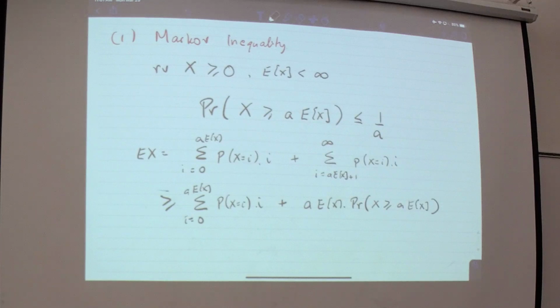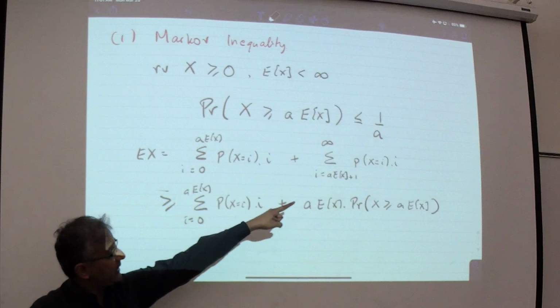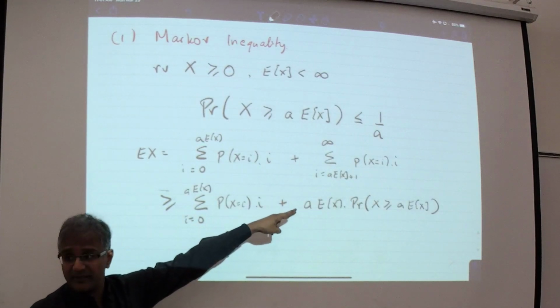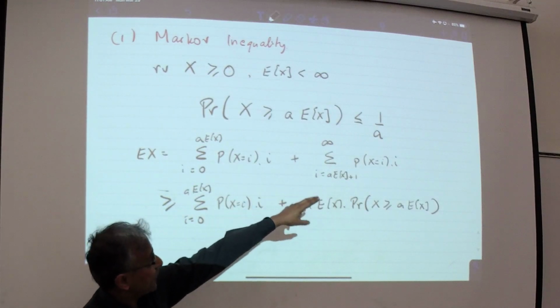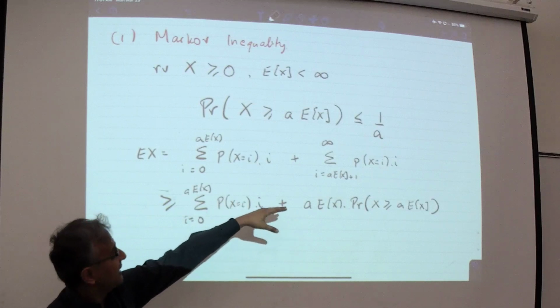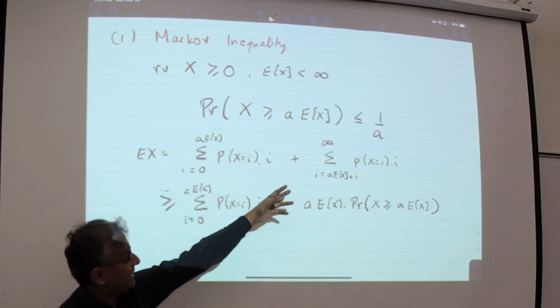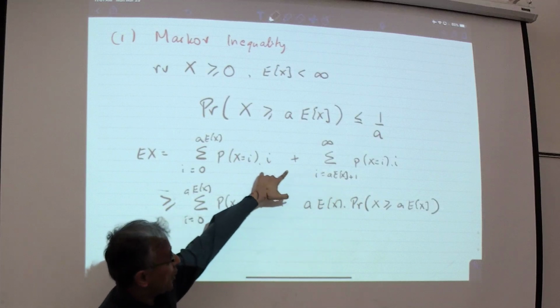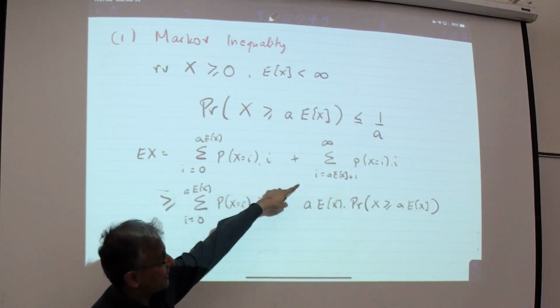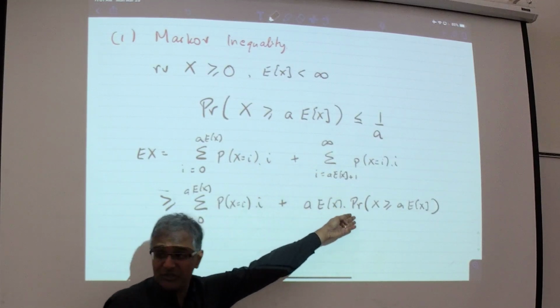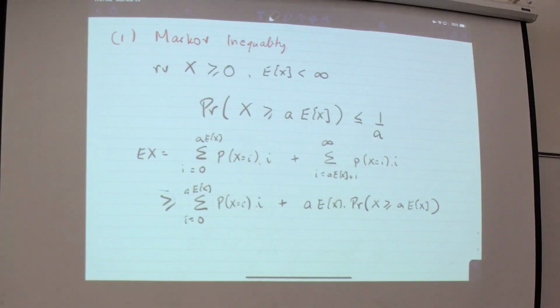Why? Because all the terms here, all the i's, are more than a times E of x. So if you replace each of those terms merely by a times E of x, this number only goes down. But then at that point, they all come out common. All that's left is a summation of x equal to i from this to beyond, which is the definition of this expression. And again, to be careful here, I should probably do this.